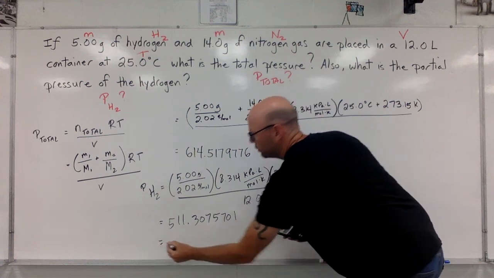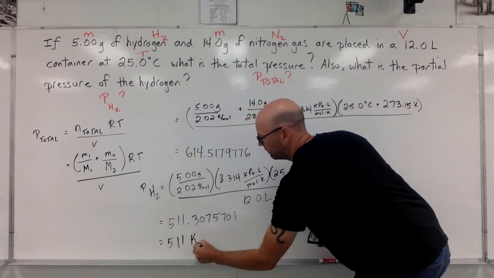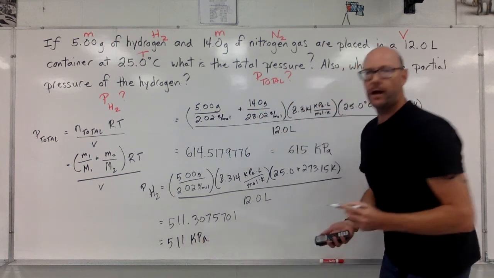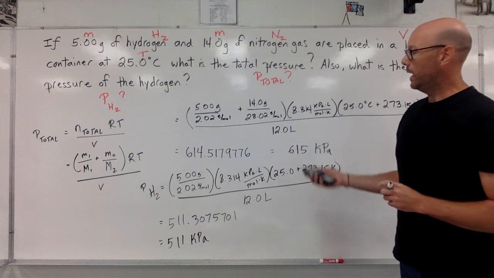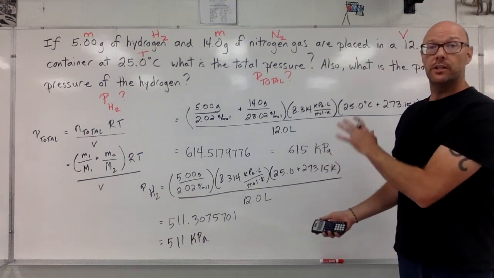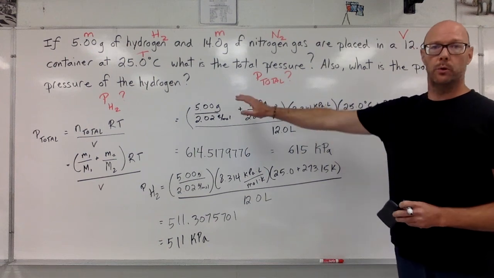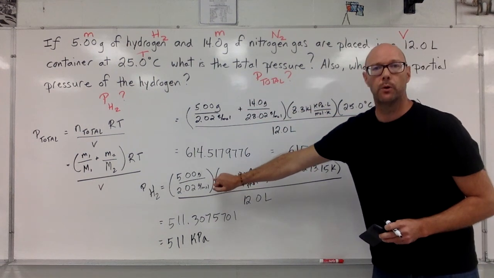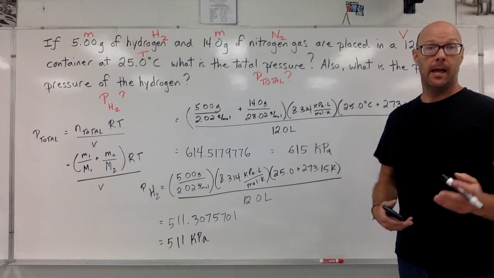When we round that off to our three significant digits, we have 511 kilopascals. We need to take our time and we'll arrive at the answer using the ideal gas law in isolation. Instead of adding the total moles together, you can just focus on the moles for the chemical that the question is asking us about. And I hope that helps.